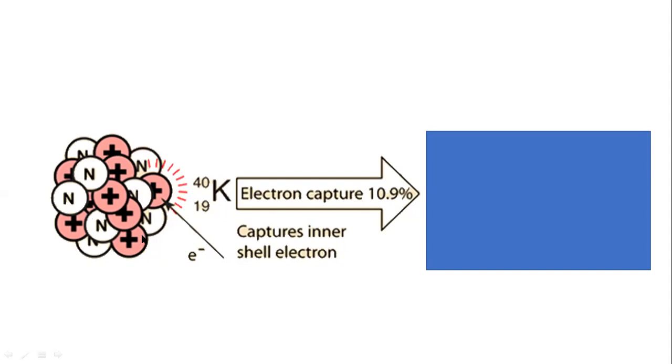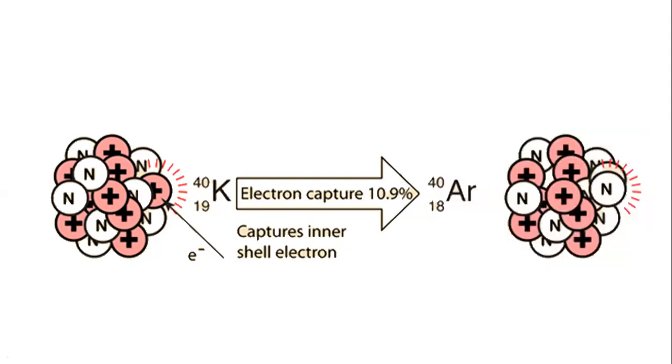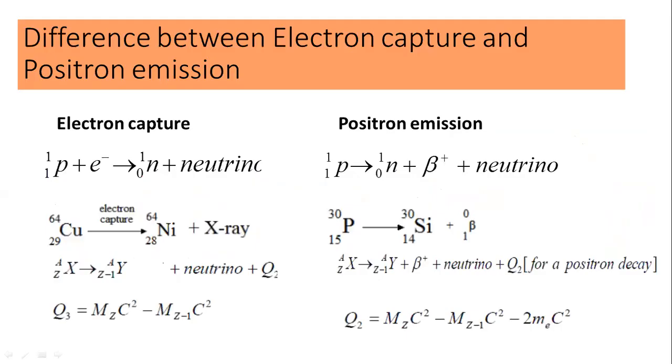This is the parent. After capturing the electron, it is converted into the daughter, and your answer is argon having the atomic number of 18, because in electron capture there is a decrease of one in the atomic number and there is no change in the mass number. So this is the electron capture.